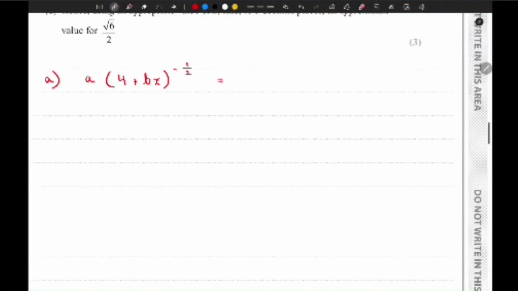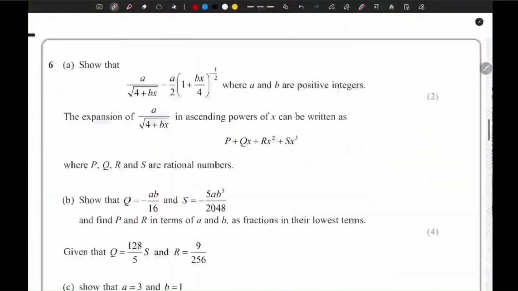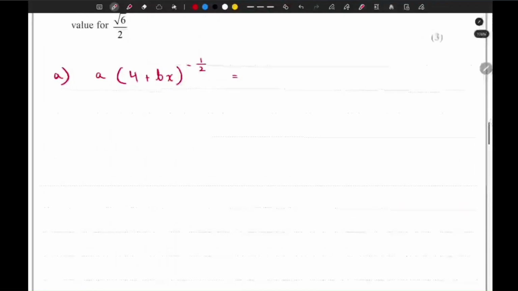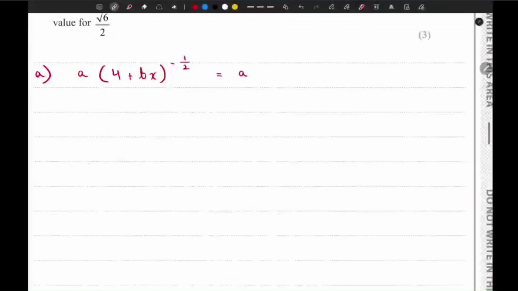Now as you can see, in the given equation, instead of 4 there is 1, so we have to take 4 as common. So if we take 4 as common from this part, since there is a power, there will also be a power on the 4.